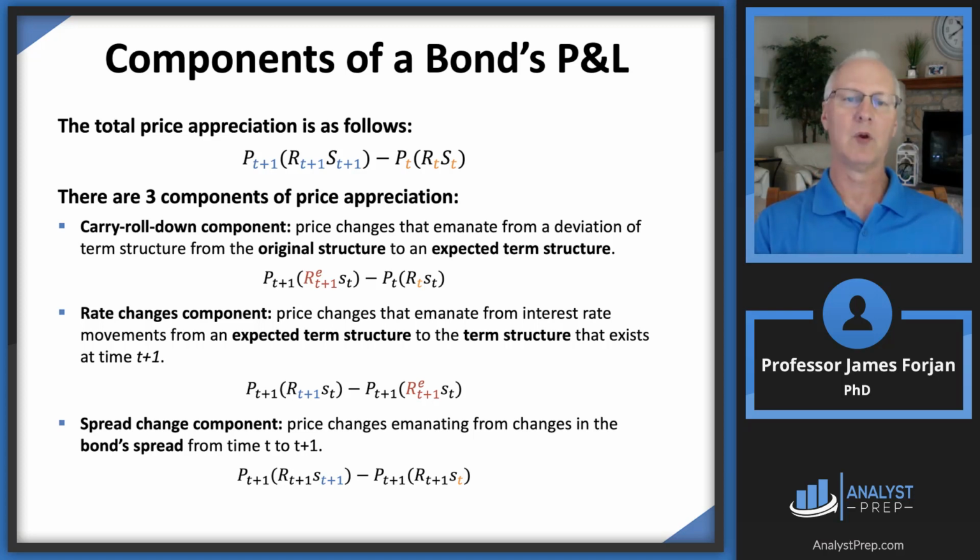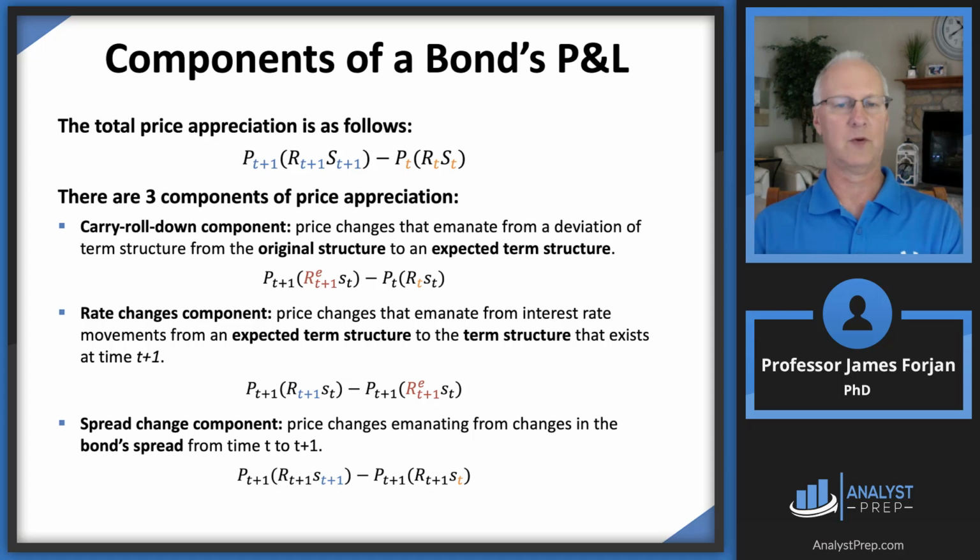But the carry roll down component then is going to be the result of the difference between what we expect that term structure to look like, time period t plus 1, versus what we know it looks like today.